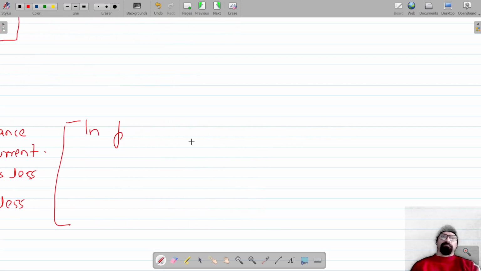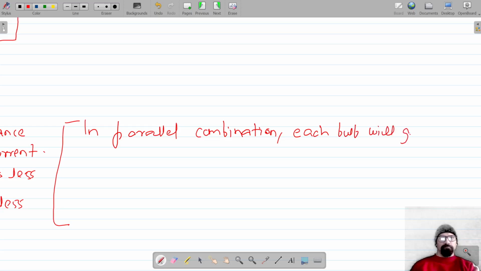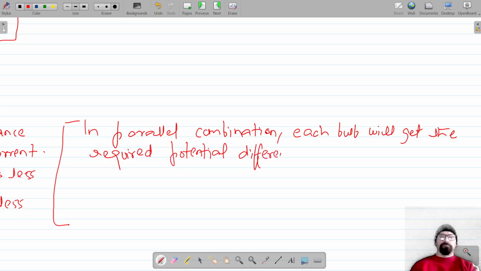So we can say that in parallel combination, each bulb will get the required potential difference, and hence the required current.